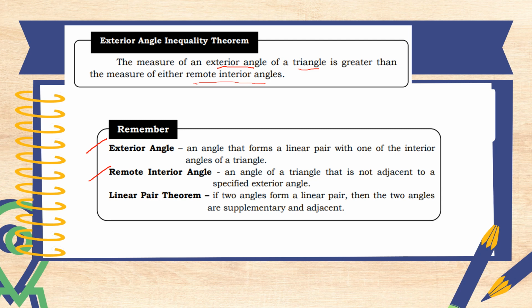A remote interior angle is an angle of a triangle that is not adjacent to a specified exterior angle. The linear pair theorem says if two angles form a linear pair, then the two angles are supplementary and adjacent.